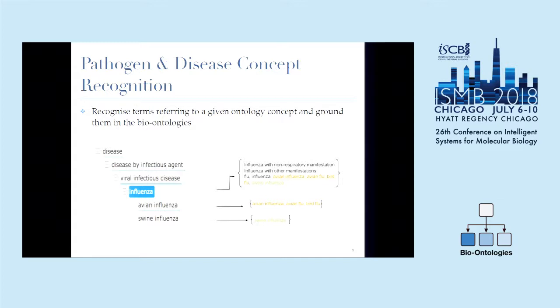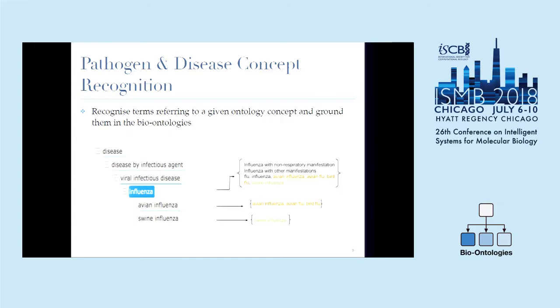Our entity recognition is different from traditional entity recognition. Here we call it concept recognition. In traditional entity recognition, you would identify the explicit mentions of terms in text. But here, we are using concept recognition on top of the entity recognition, and once we find an explicit mention in text, we propagate the annotation by using the ontology structure.